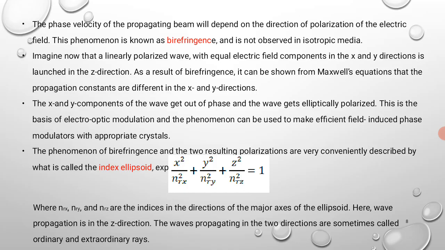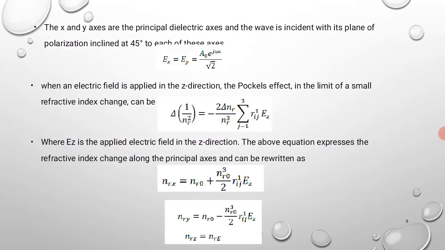The x and y components of the wave get out of phase and the wave becomes elliptically polarized. This is the basis of electro-optic modulation, and the phenomenon can be used to make an efficient field-induced phase modulator with appropriate crystals. Finally we get the result in terms of the electric field along the z axis.